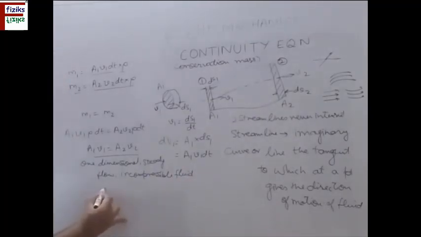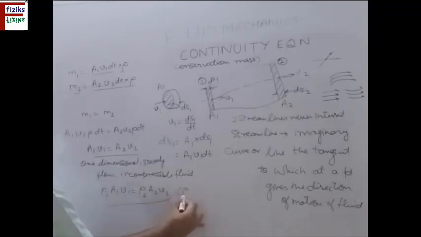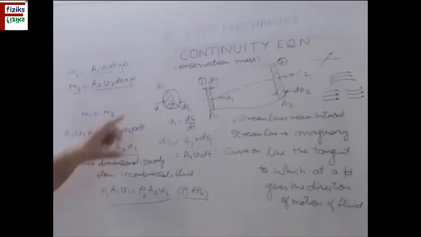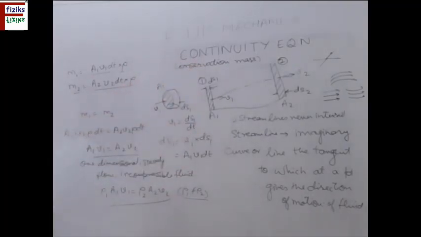If the fluid is compressible, then we can write rho1 A1 V1 equal to rho2 A2 V2, where density is different at the two ends, and this is the actual condition. So this is the equation of continuity for the fluid flowing through a small element, ideal case, ideal fluid. So this is all, you can note it down.